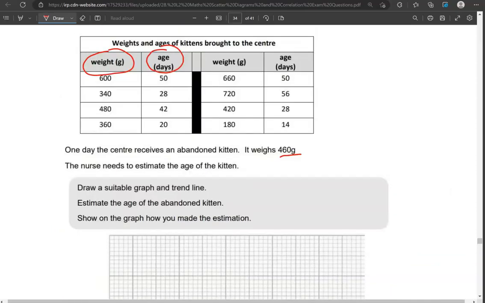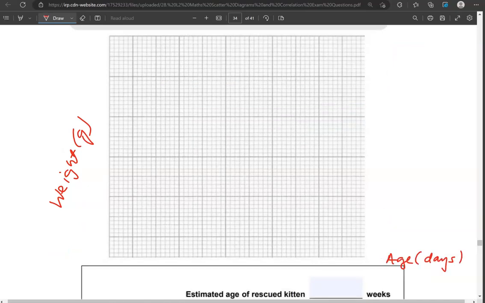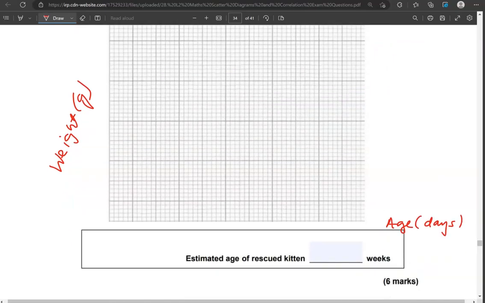The highest number for age is 56. 10, 20, 30, 40, 50, 55, so that doesn't work. So we'll do 10, 20, 30, 40, 50, 55, 60, 65, 70, 75, 80.